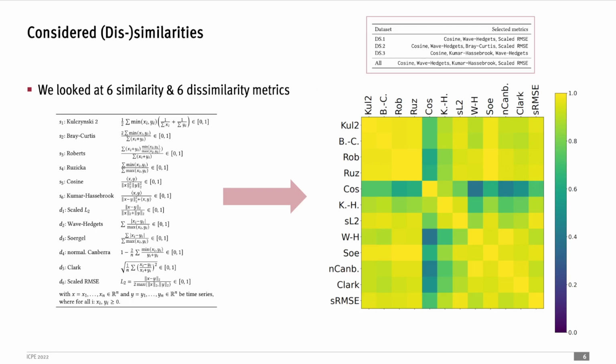And this left us with 4 metrics which we can use for all data sets: the cosine, Hagerty's, Kumar-Hassebrook, and the scaled RMSE. As you can see, for some data sets some measurements performed better, but we've opted to use those 4 because we see them as an overall complete approach for measurements.